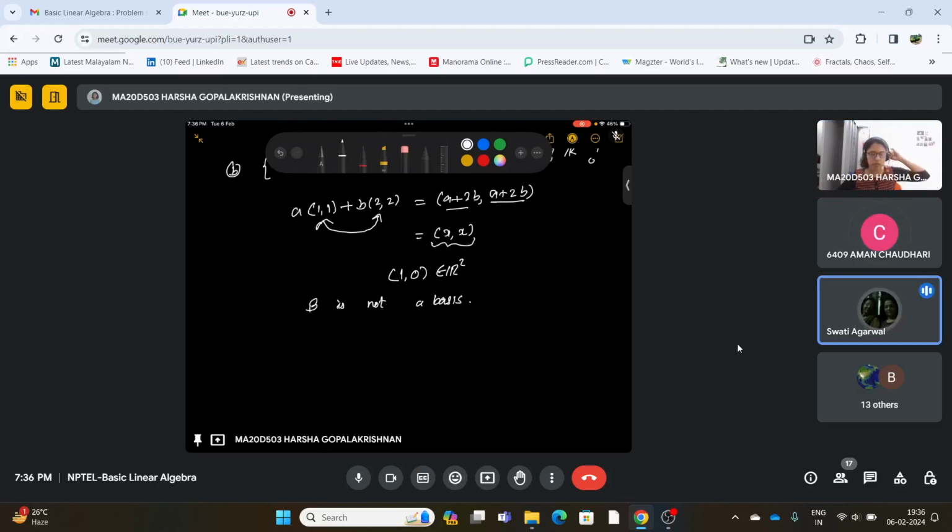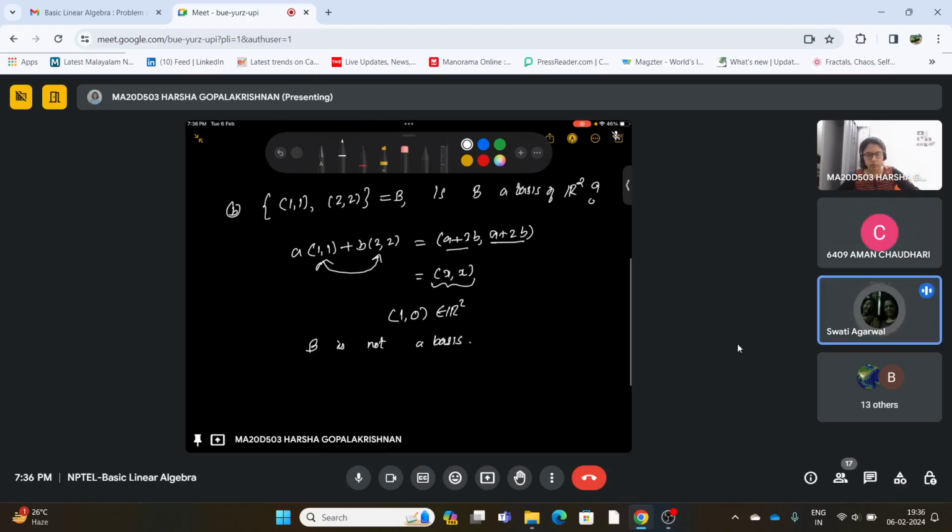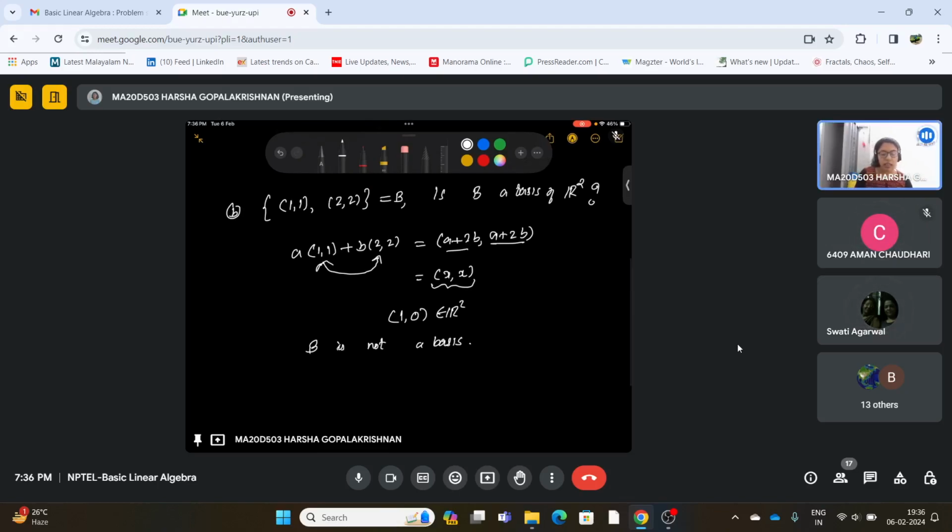Can you please explain the last part? Which condition is it not satisfying? The question is whether B is a basis of R2. If B is a basis of R2, the span of B should be equal to R2, right?